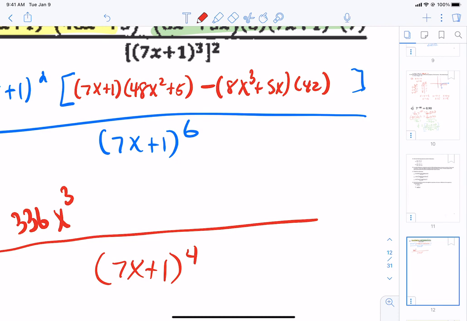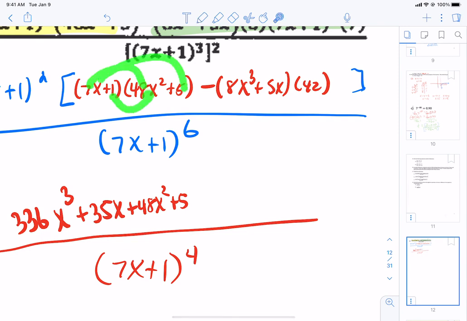And then 7x times 5 is 35x. And then I'm going to distribute the 1, so that's going to be 48x squared plus 5. Now, all I did was distribute the 7x and the positive 1. Now here I'm going to distribute a negative 42 in one swoop, because negative 42 is what's sitting in front of or outside of that.